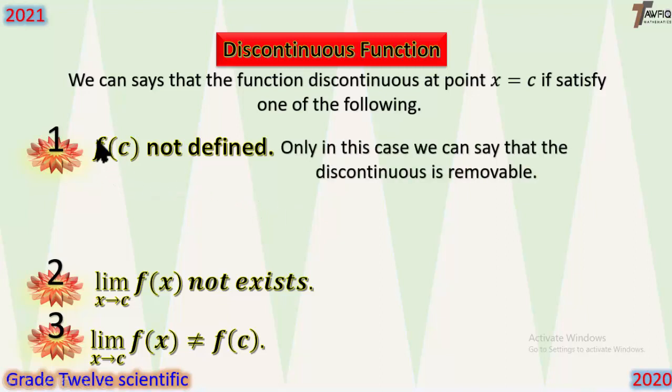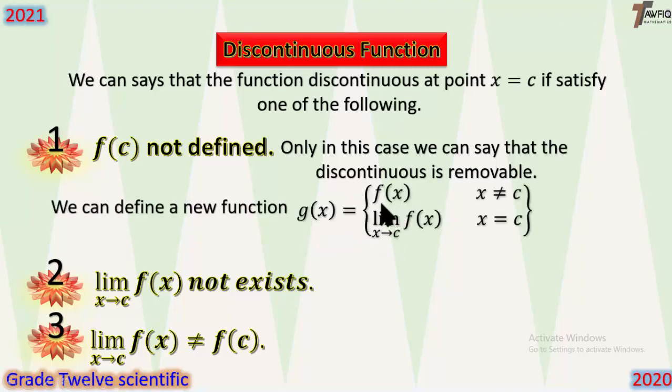That means when the function is not defined and the limit exists, we can remove this discontinuity by defining a new function g(x), writing f(x) when x is not equal to c, and the limit as x approaches c when x equals c. In that case, g(c) is equal to the limit as x approaches c of f(x). That means g is continuous at x equal to c.